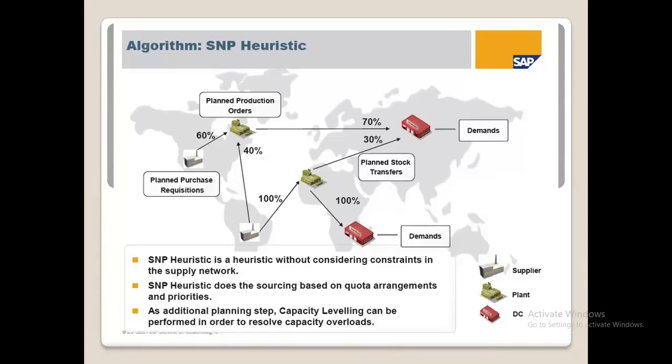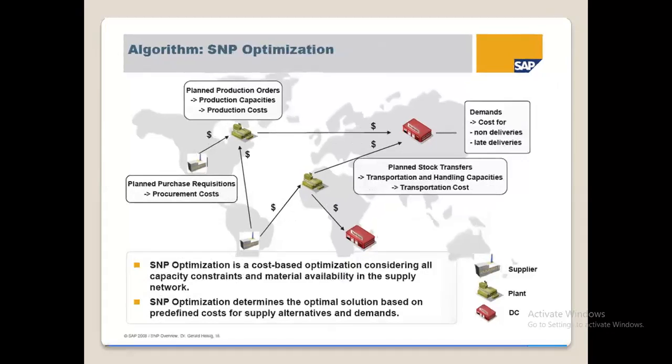For that, we have to make some capacity leveling, which means we have to increase the runtime of the resource. We do this in capacity leveling. Simply, heuristic is infinite planning, and capacity leveling can be performed to resolve the capacity overloads.